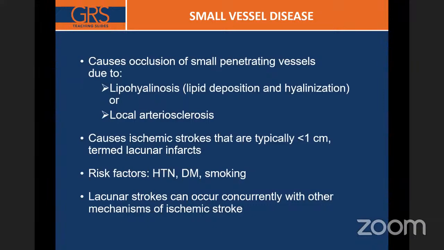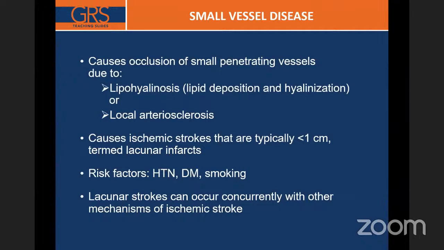We'll start with small vessel disease as a cause of ischemic stroke. It causes occlusion of small penetrating vessels due to lipohyalinosis, lipid deposition and hyalinization, or local arteriosclerosis. It causes ischemic strokes that are typically less than 1 cm, which are termed lacunar infarcts.